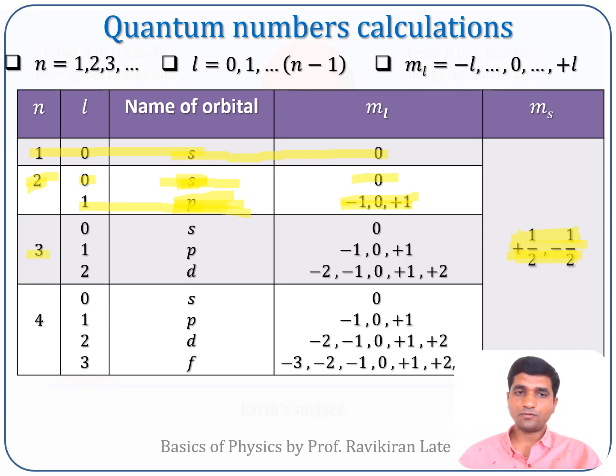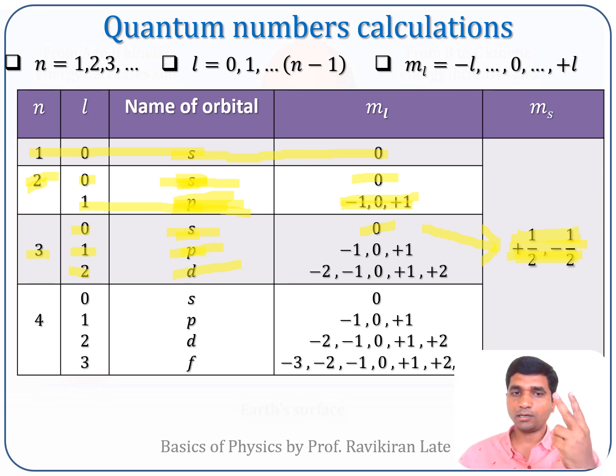Similarly, we can calculate for the next one. For n equal to 3, you have the possible values of L, that is 0, 1, 2, which correspond to the s orbital, p orbital and d orbital. S corresponds to L equal to 0, which leads to ml equal to 0. Basically that will give rise to two possible states, so the s orbital can occupy 2 electrons.